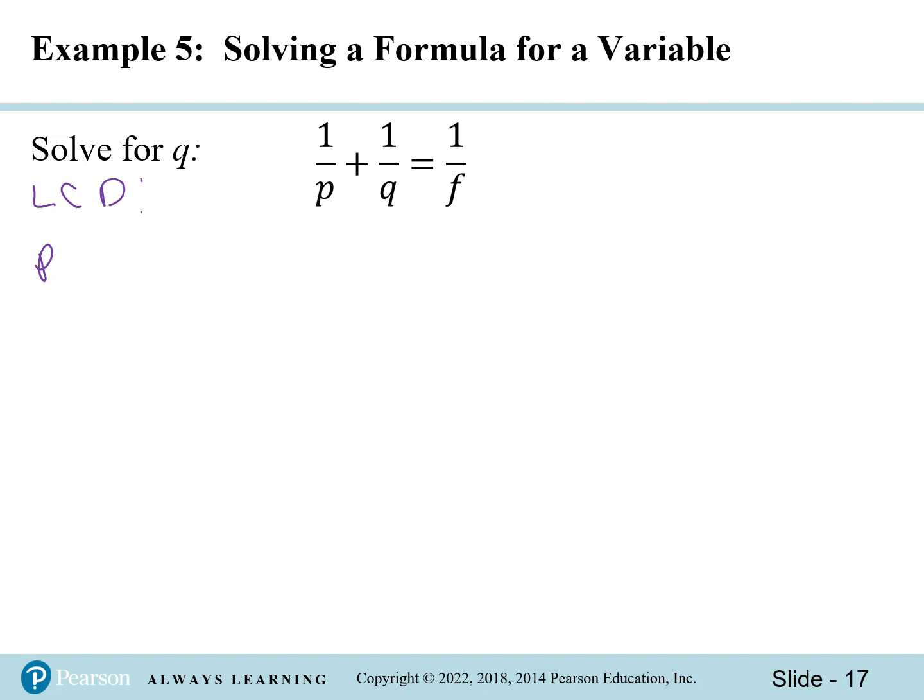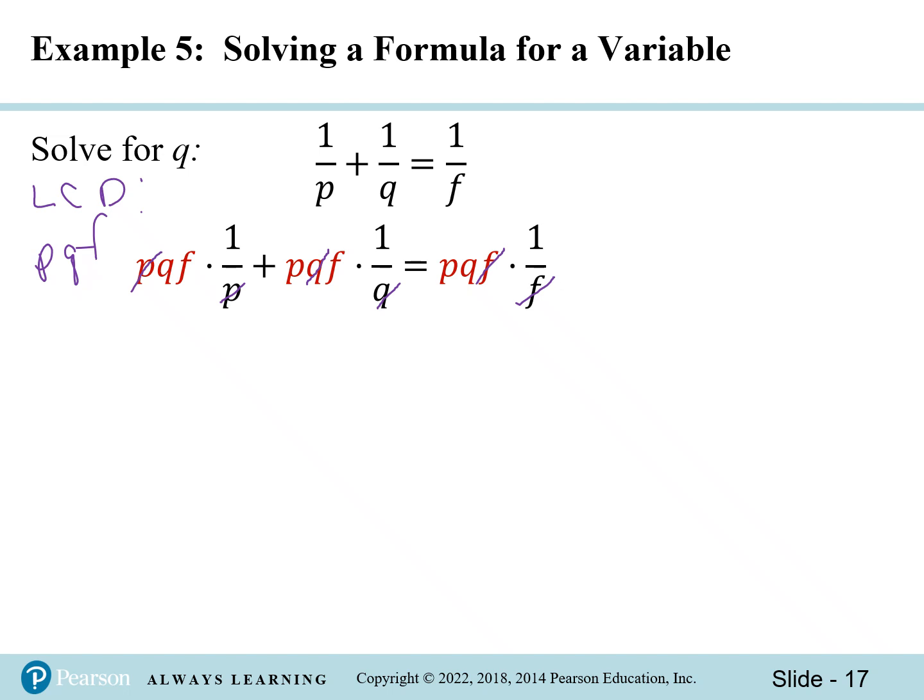So it's going to be P, Q, and F. So I multiply each term by P, Q, and F. So here the P cancels out with this one, the Q cancels out with this, and the last one, the F cancels out with that. So we are left with QF plus PF equals PQ.